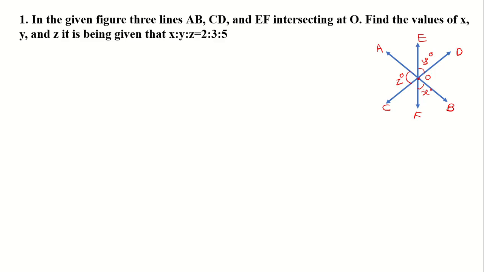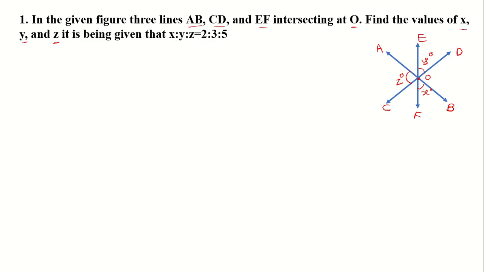Okay. So first, let's look at exercise 4.2 question 1. The question says that in the given figure, three lines AB, CD and EF intersect at O. So here a question is given and in this figure AB, CD and EF are intersecting at a point O. You need to find the value of x, y and z, and it has been given that x, y, z are in the ratio 2:3:5.